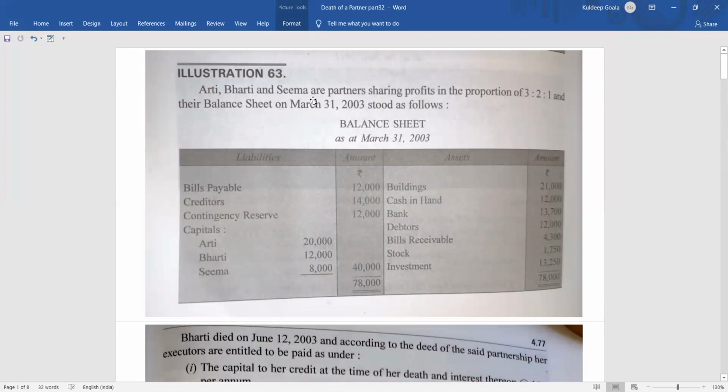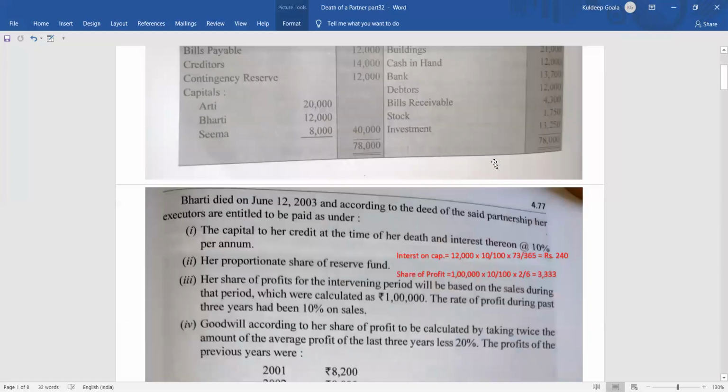In the question the new ratio is not mentioned, so in that situation you have to find out the ratio. The ratio will be 3:1, excluding Bharati. So this 4,800 will be given in the ratio 3:1.